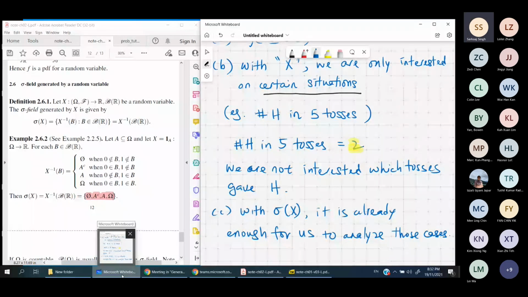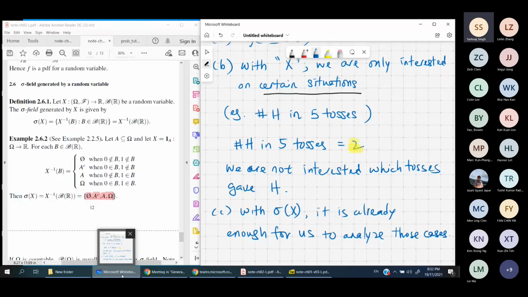I just want to clarify again. When you define the random variable, you say it's a function that takes the sample space into the reals, and then you take the inverse. You can take the inverse of the Borel sigma field of the reals to bring it back into our sigma field.